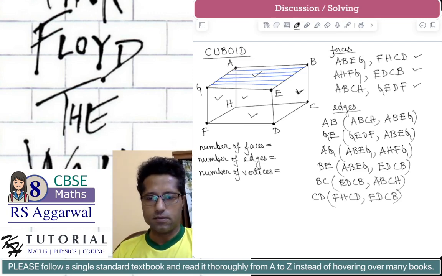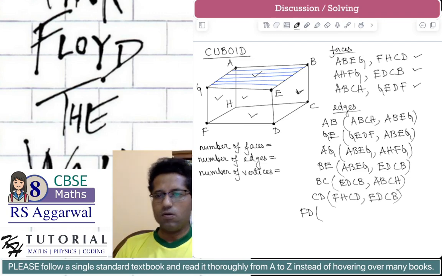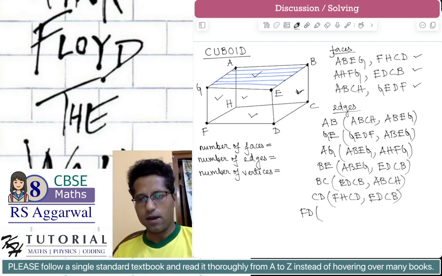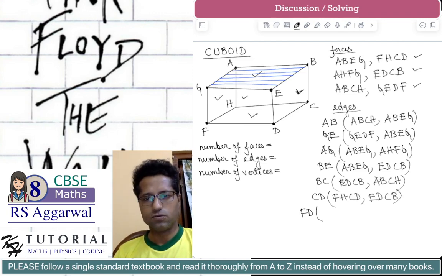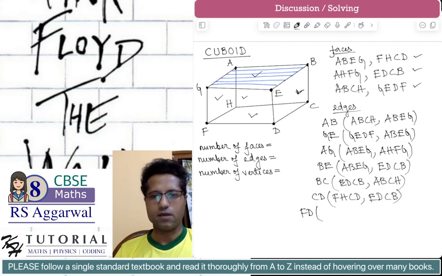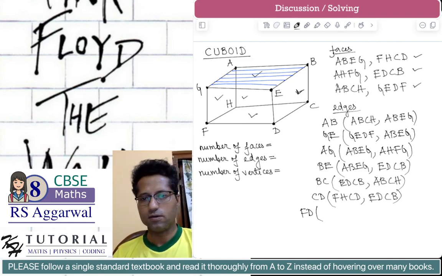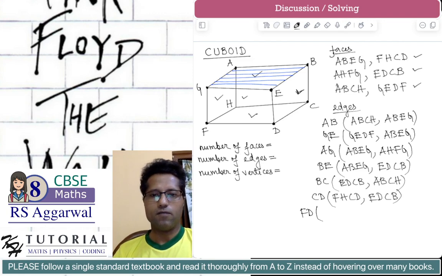Okay, let's consider the edge FD. Now, I am quite sure you will be able to understand what the common faces of an edge are. Anyway, just for the sake of completeness, I am writing down all the edges and the two common faces of each edge. So for the edge FD, what are its common faces?